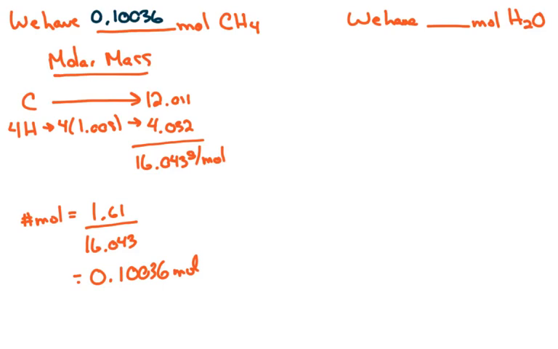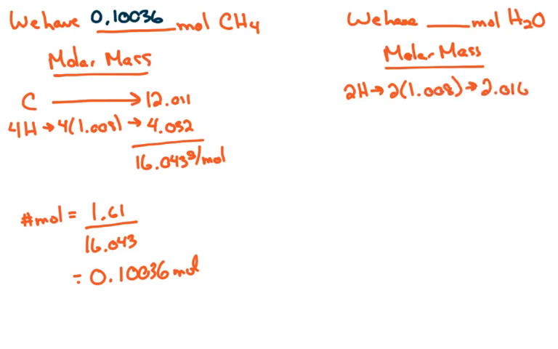Same process for the water. We need the molar mass of water, made up of 2 hydrogens. Mass of each hydrogen, 1.008, totals to 2.016. Single oxygen, which weighs 15.999 grams per mole, and that totals up to 18.015 grams per mole for water.